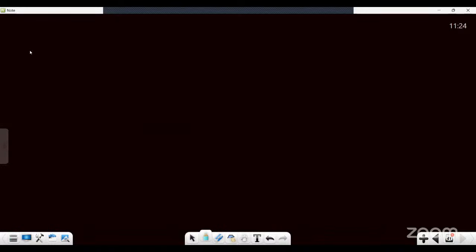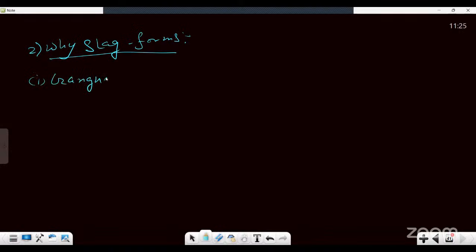Now we need to understand why slag forms. The basic idea: gangue plus flux will give you slag. For example, SiO2 is an acidic gangue.